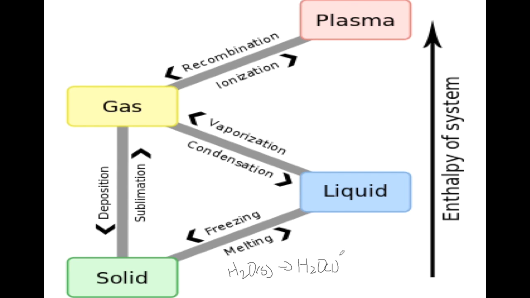L stands for liquid. Of course, we all know if you hold ice in your hand, it will melt. So this process is called melting. Everyone knows that. If we want to reverse this and freeze, like when you make ice cubes, you freeze water, freezing.